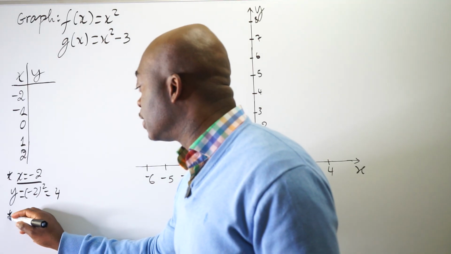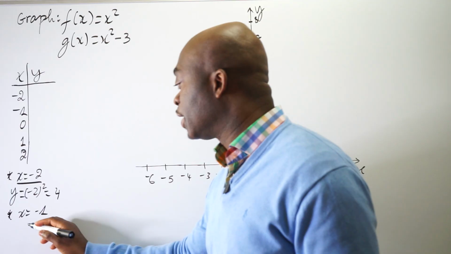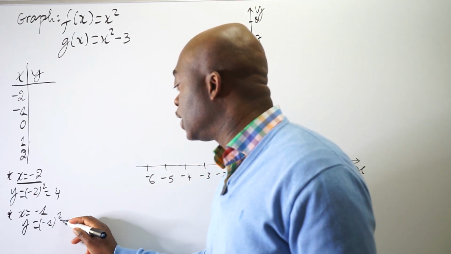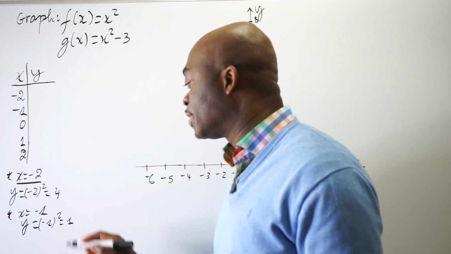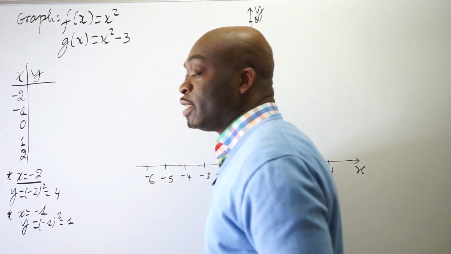When x equals negative 1, we go through the same thing: y equals negative 1 to the second power, which equals positive 1. Okay?